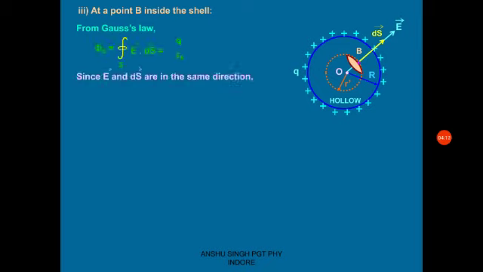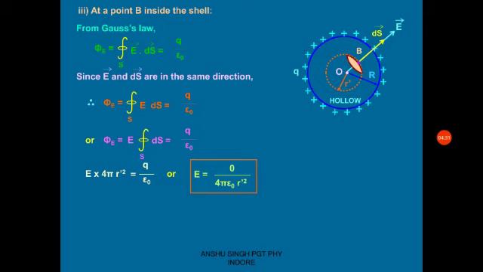We have E dot ds is equal to q upon epsilon 0. In any case, let us assume that E is also there, then what about q here? 0.